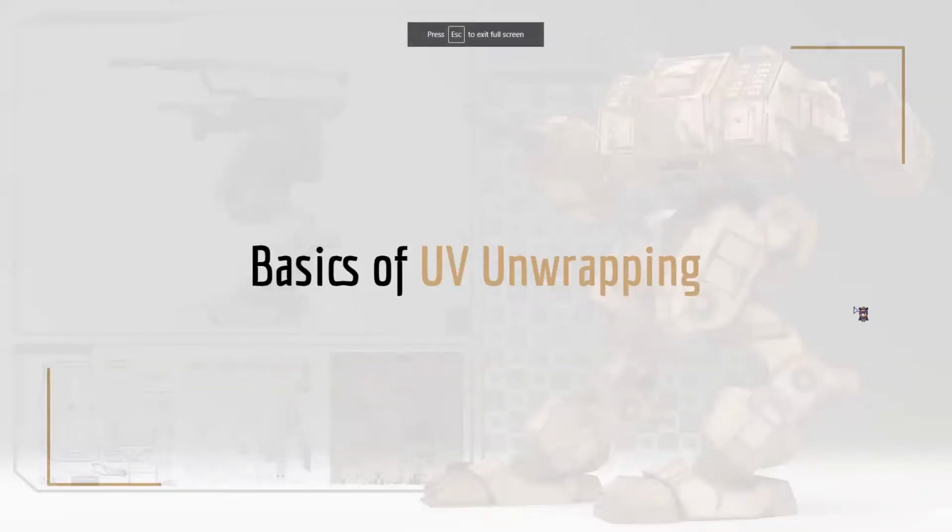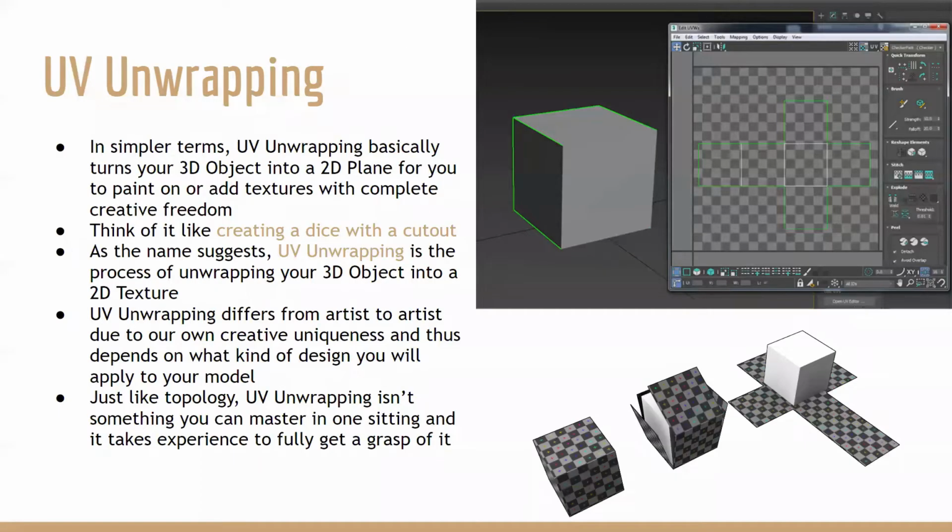Basics of UV unwrapping. So UV unwrapping, basically TLDR natin, we're going to turn our 3D object into a 2D plane for you to paint on or add textures with complete creative freedom. Ganyan siya. Isipin niyo itong dice natin.